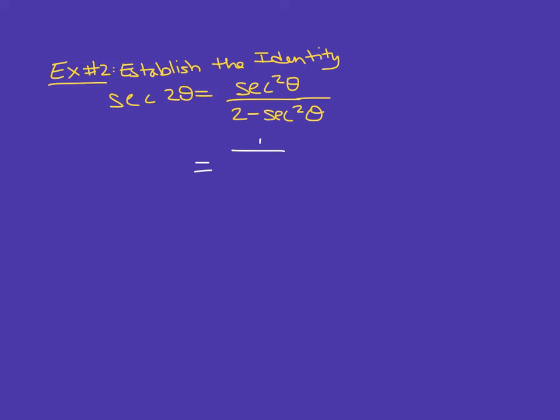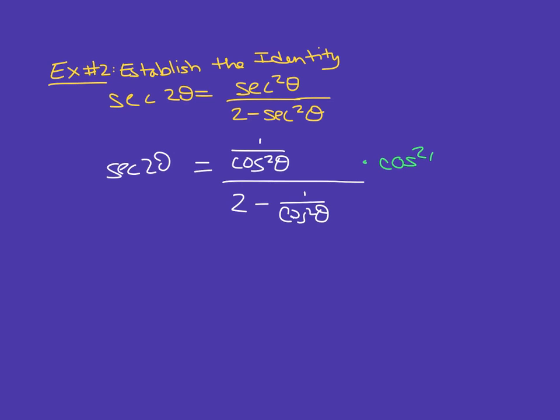This one, I'm going to write it as 1 over cosine squared on my numerator. The denominator is going to be 2 minus 1 over cosine squared. And that's equal to secant of 2 theta. Next thing I'm going to do is multiply the entire expression by cosine squared over cosine squared.